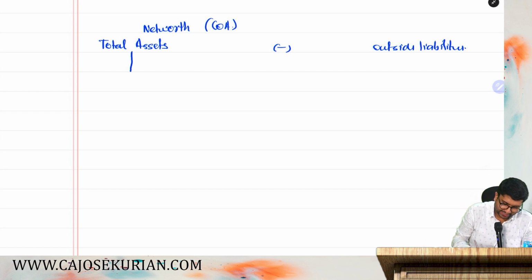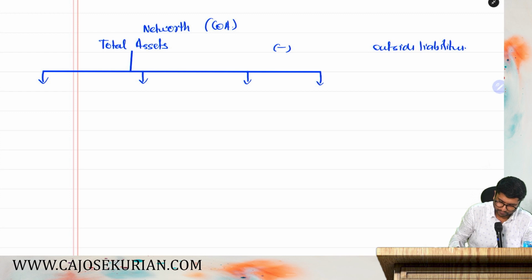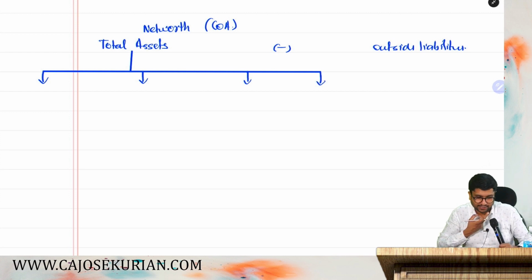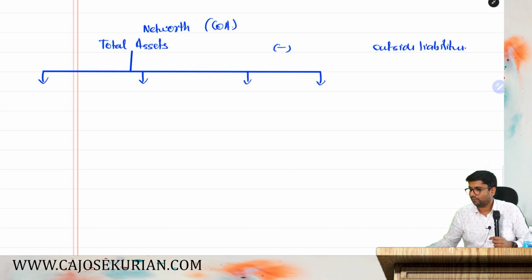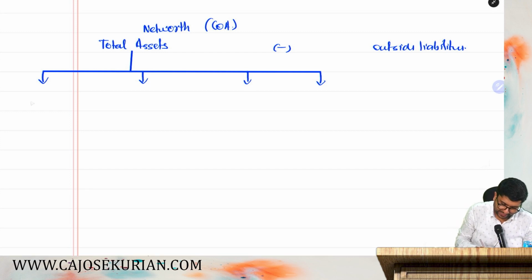In total assets, you can split this into 4 categories. So let's understand which is the first category. Category number 1, they say depreciable assets.